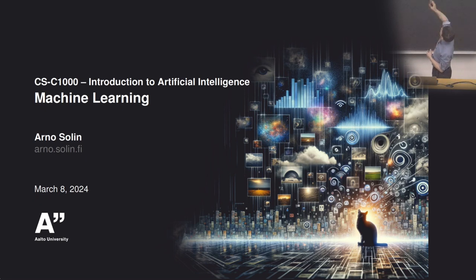It has these things representing audio, then these bar charts representing maybe some statistical panel data, and of course images. So today we dive into machine learning, and typically data, something to learn from, is important there.